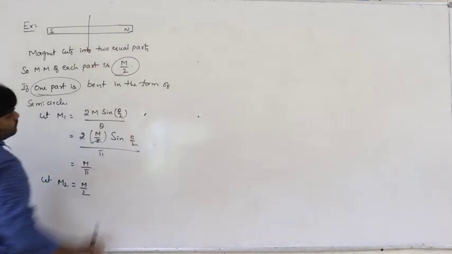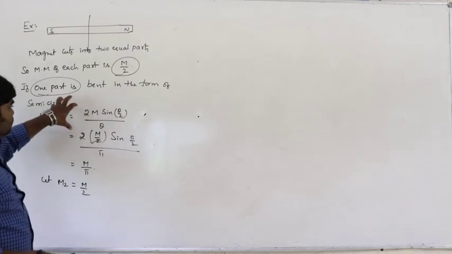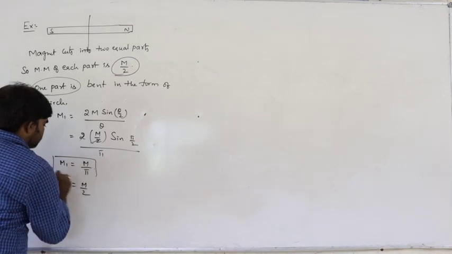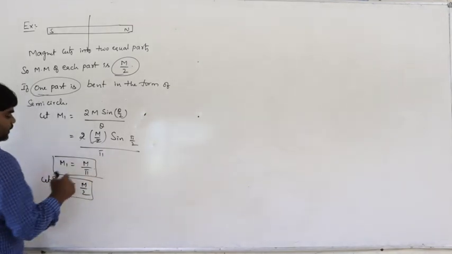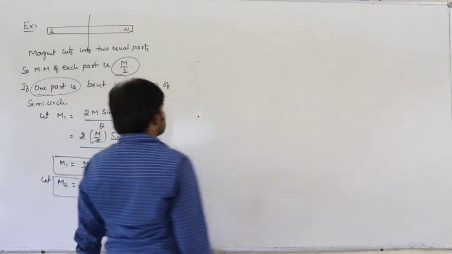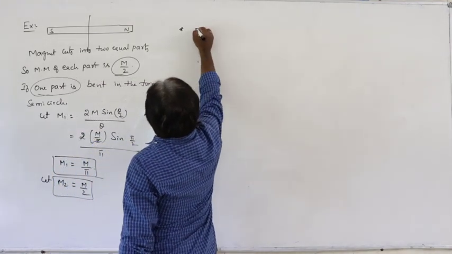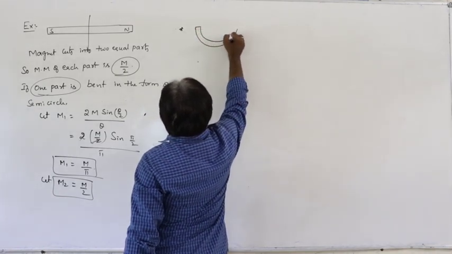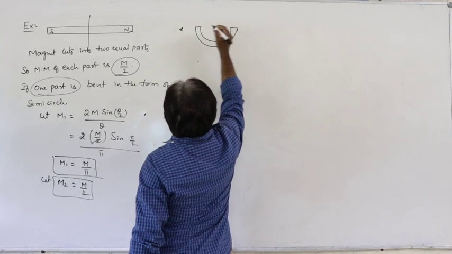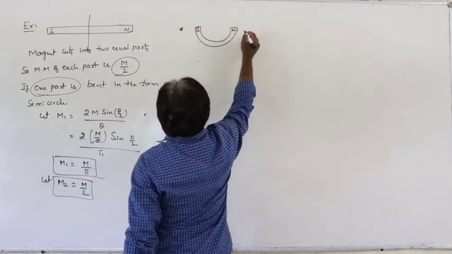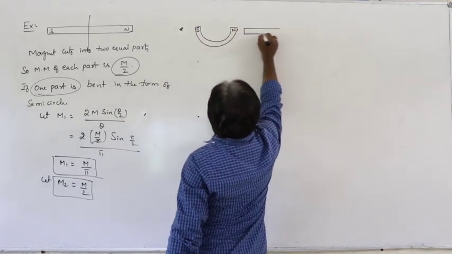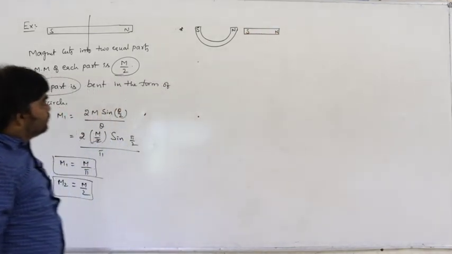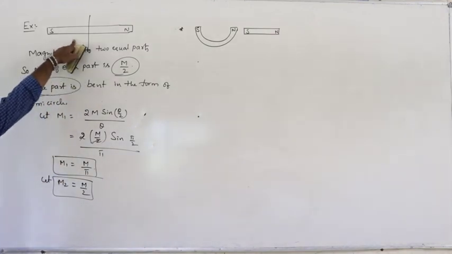So now m1 is m by pi, and let m2 be m by 2. It cuts into two parts now. One part is bent in the form of a semicircle, with magnetic moment m by pi. Another one is m by 2. So now the situation is, if those two parts are arranged like that, this is south pole, north pole, and south pole, north pole.